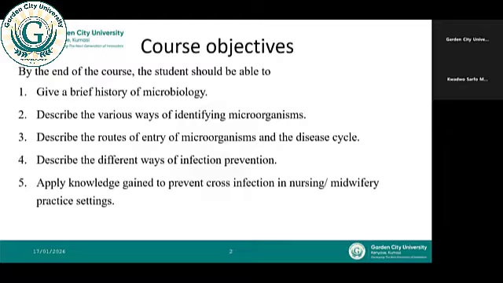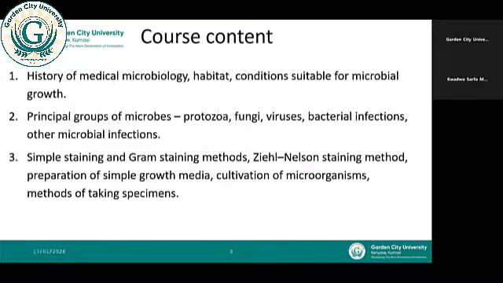You should be able to describe the routes of entry of these microorganisms when it comes to causing diseases, and then describe the ways of preventing infections. Then you should be able to apply this knowledge in your practice as a midwife. The course content is displayed and we shall tackle all of them.